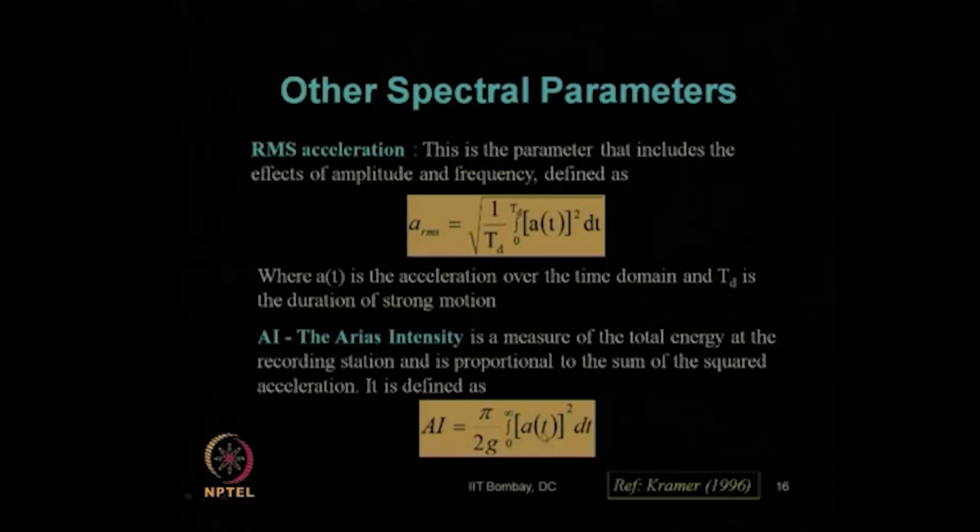So, that acceleration response with respect to time during an earthquake, if you integrate it over 0 to infinity by taking a square of that and then multiply it by pi by 2 g, that estimates the total energy measured at a recording station, which is known as Arias intensity.